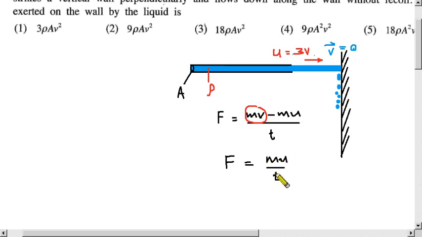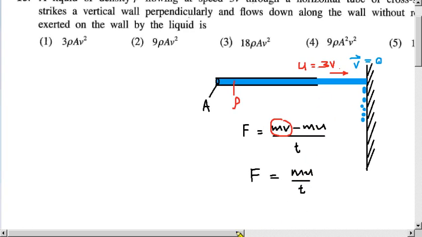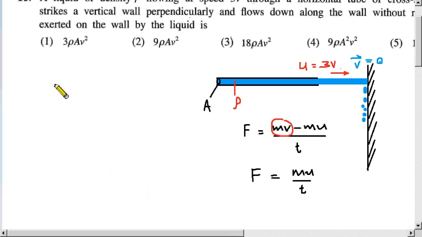The negative sign we don't want, that means the force to the water column is to left, so that we don't want. We know there is a force towards the wall, only the magnitude they ask. If we simplify this equation, apply these values, if you remember the final equation, you can easily solve this problem.